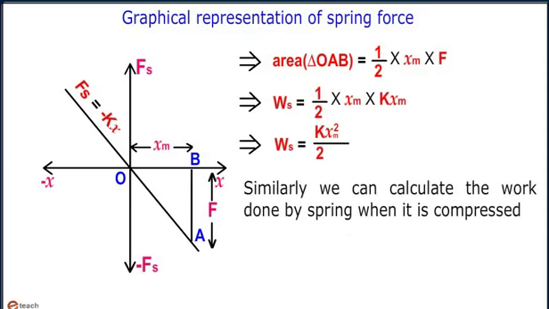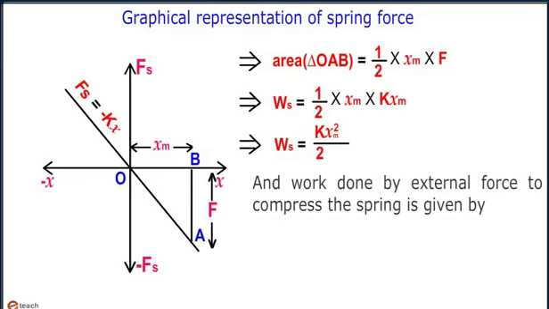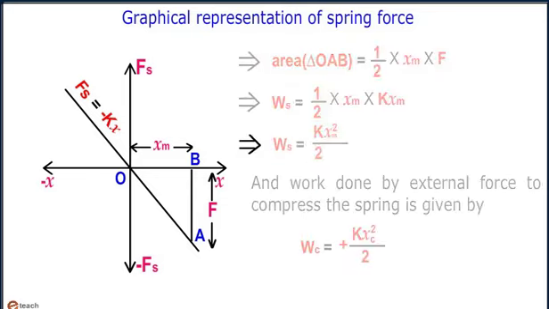Since we calculated the work done by spring force when it is compressed, that is, Wc equals minus half of k xe square, the work done by external force to compress the spring is Wc equals plus half of k xe square.